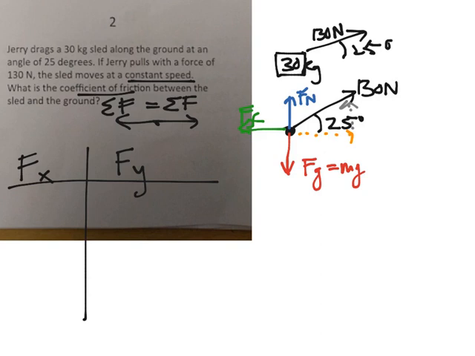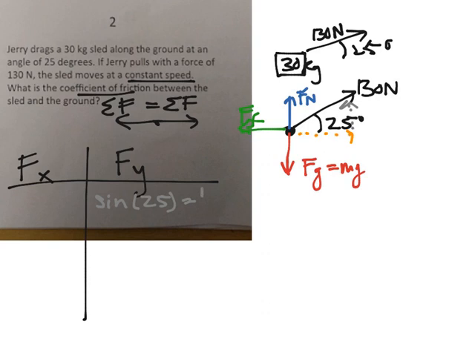To do that, we need to be using our SOHCAHTOA, your sine, cosine, and tangent. In this case, the y, because it is opposite, would be your SOHCAHTOA. So, sine is opposite over hypotenuse. So we know that in our y direction, sine of 25 is equal to our opposite, what we want.